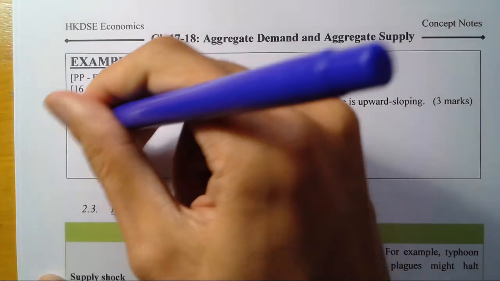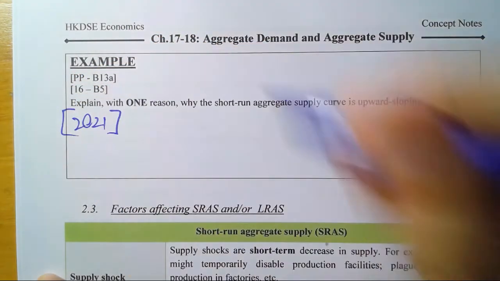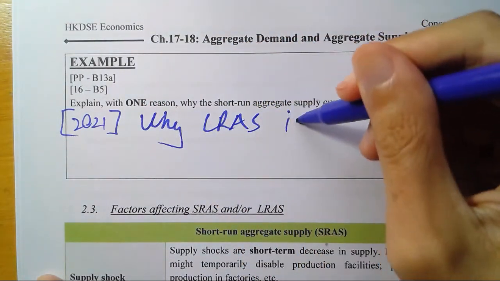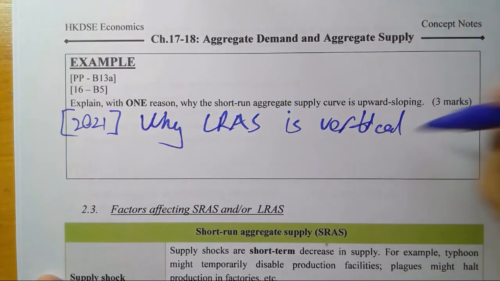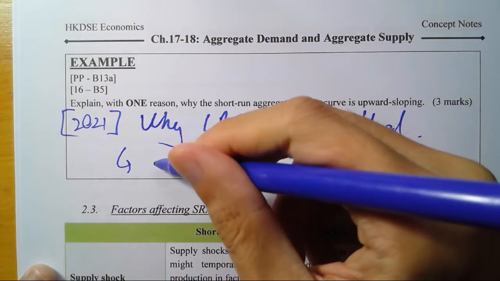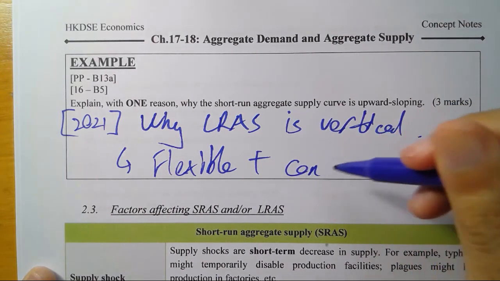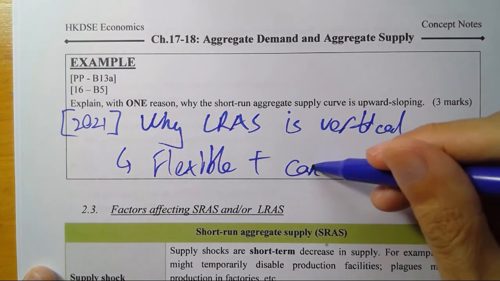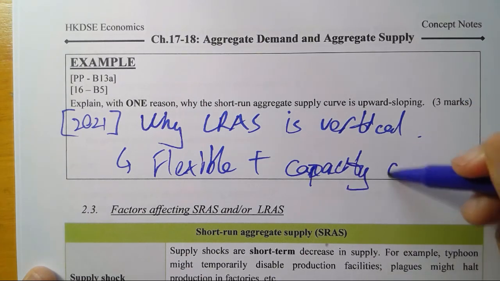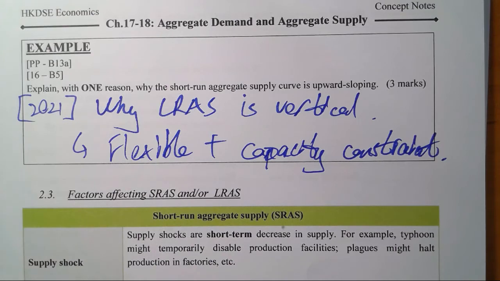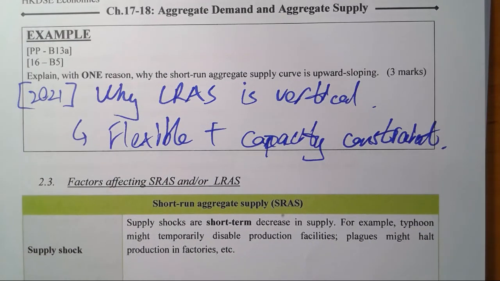So next time, in your year, they can ask why LRAS is vertical. Possible, right? Then you need to answer because the flexible pricing and capacity constraint. Yes, and capacity constraint. Right? 嗱，我唔抄啦嘛。嗱 again, how to write it? You just look at the notes by yourself. I'm not going to waste your time.